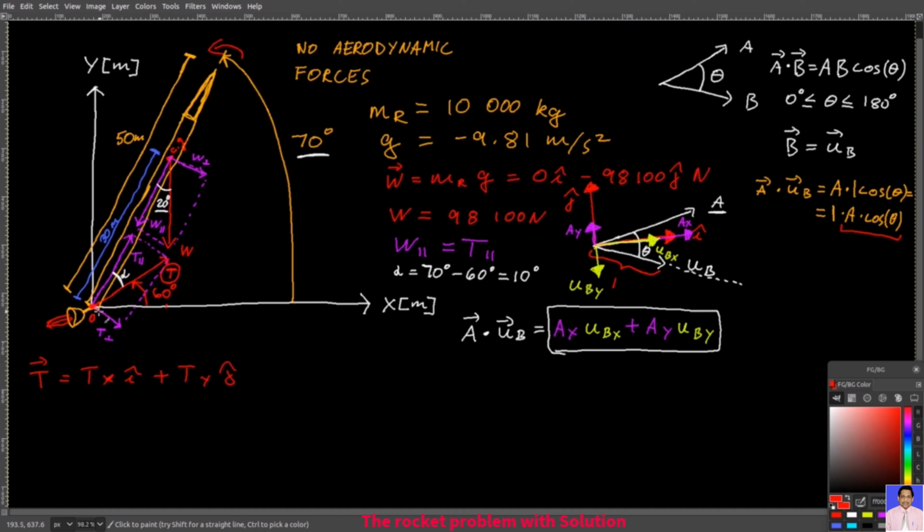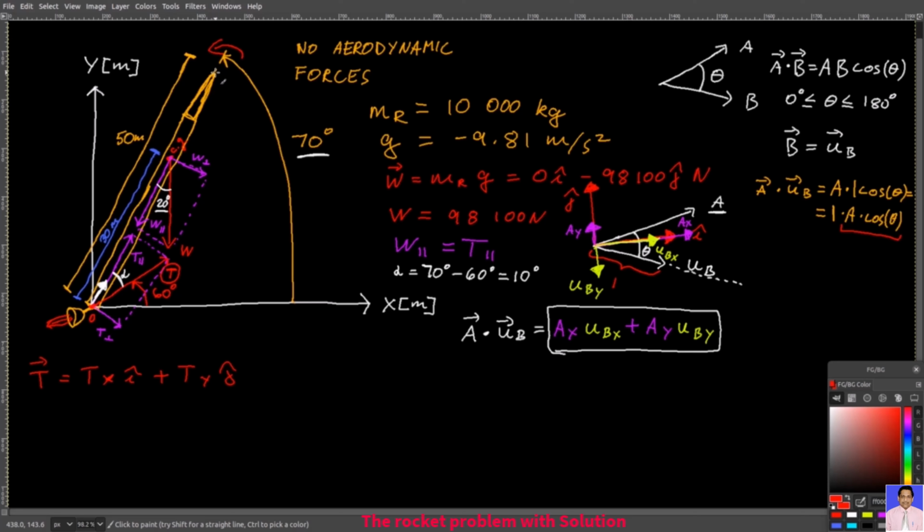So essentially, this component here would be my Tx, and this component here would be my Ty, and then I can have a general unit vector in this direction along the rocket.